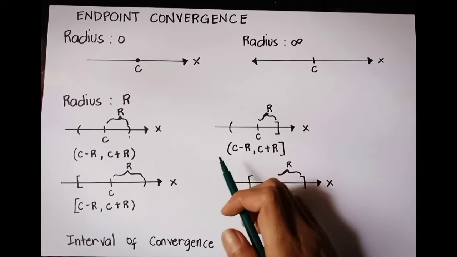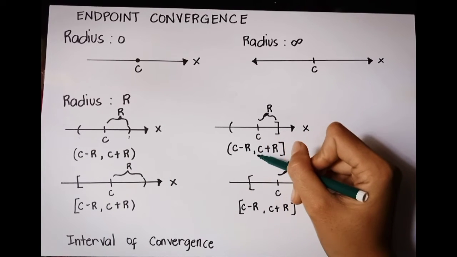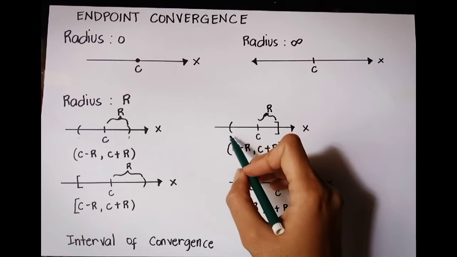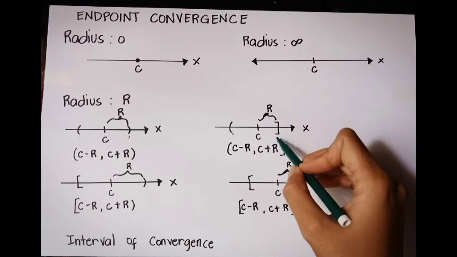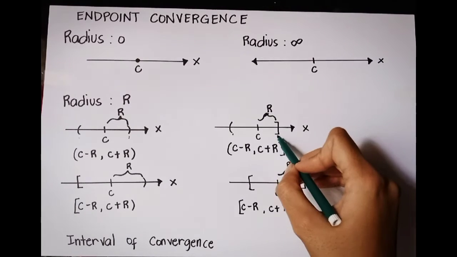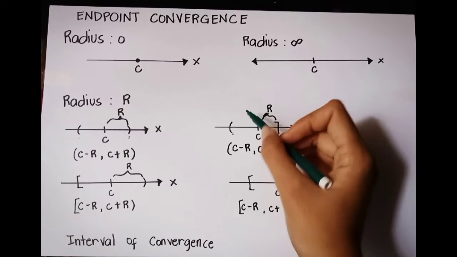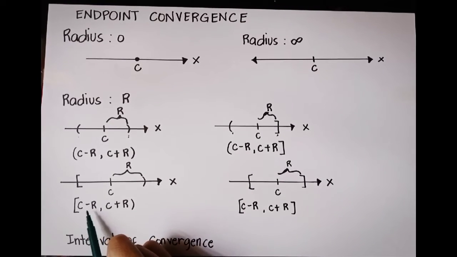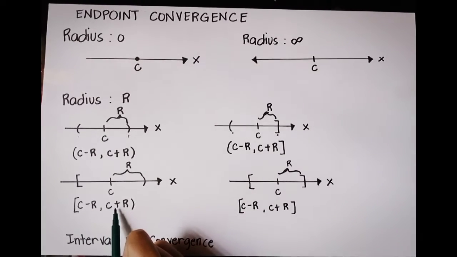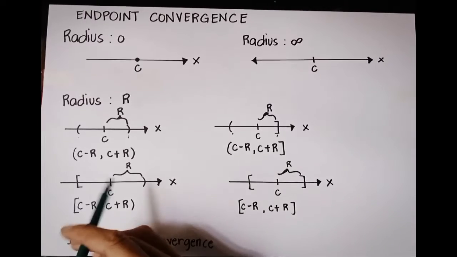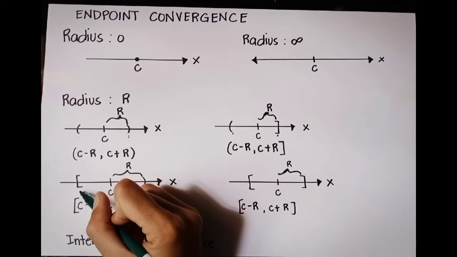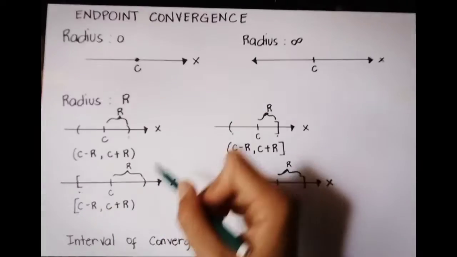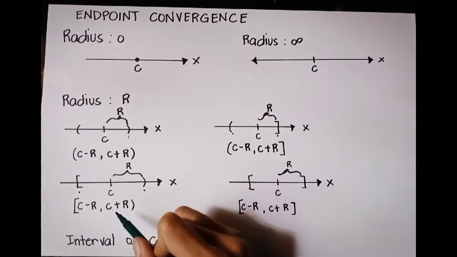If it converges at c minus r and diverges at c plus r, the expression looks like this: it diverges at this point and converges at this point. And if it converges at c minus r and diverges at c plus r, the endpoints of convergence are shown like this.